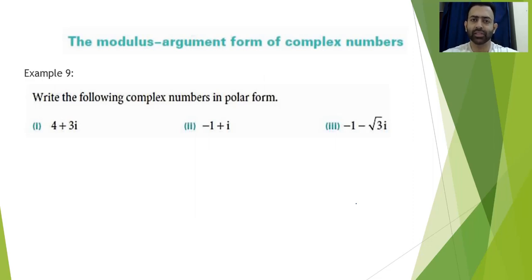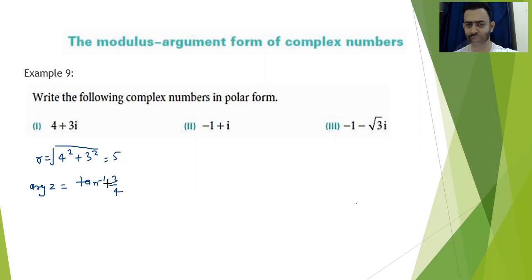The process will remain the same. It is just that the way of writing the complex number in modulus argument form is a little bit different compared to the vector form. So we do not write modulus. For example, in the first part, if I say that the magnitude of this is the square root of 4 squared plus 3 squared, which is 5, and the argument of this will be tan inverse 3 by 4, whatever is the value, I think 36 point something, right?